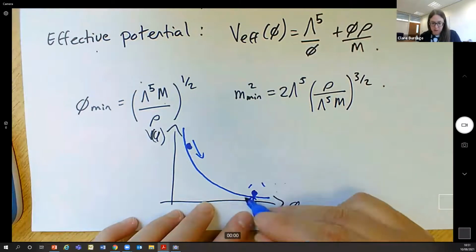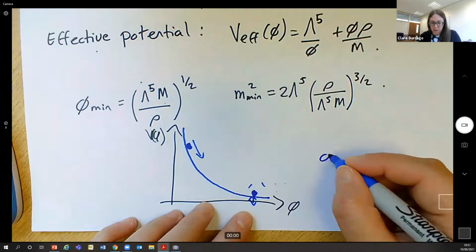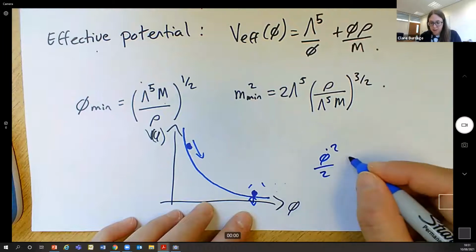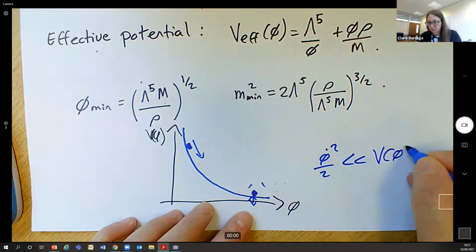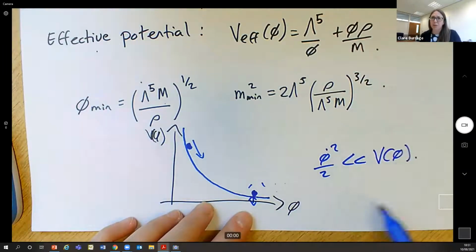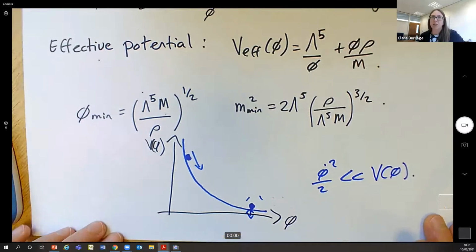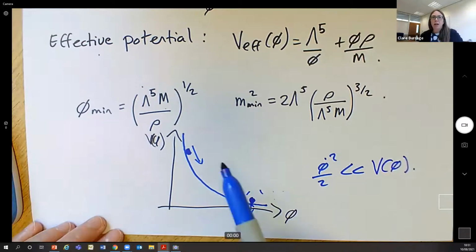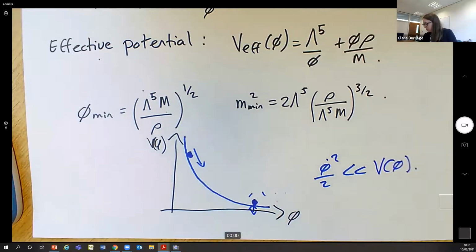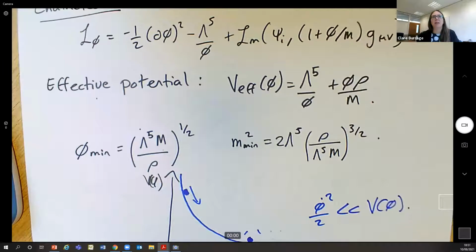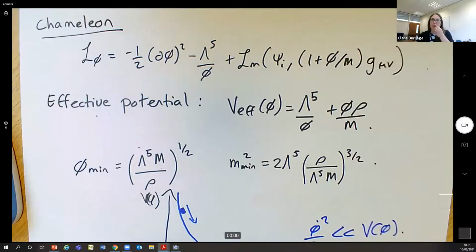Because the friction term takes over, we get that phi dot squared is much less than V of phi, which, as we talked about last time, was the condition that we needed to have a scalar field acting like a cosmological constant. So that's the reason this potential was chosen, and it's a nice one to illustrate the mechanism here. So this is a theory that you might like to be a quintessence model.